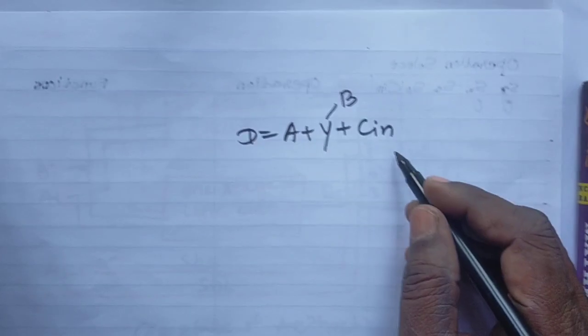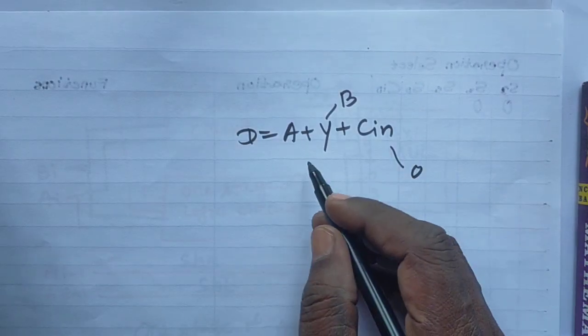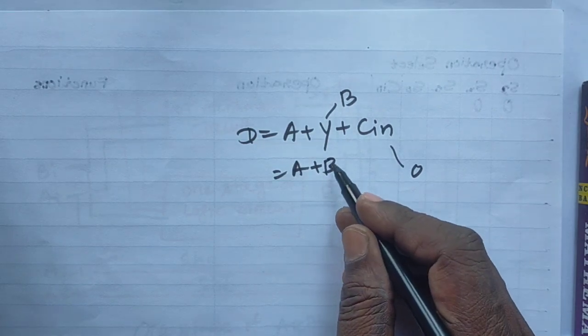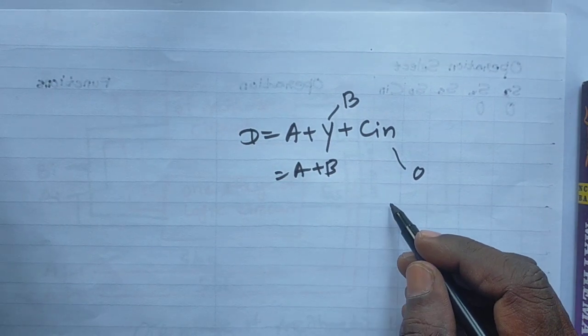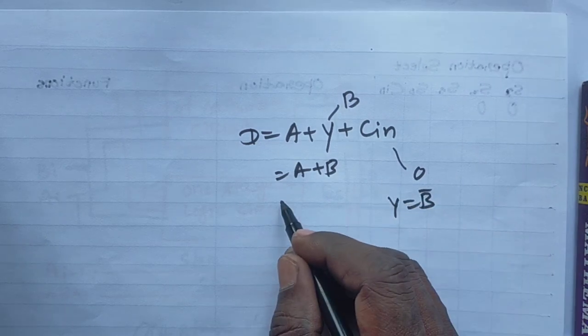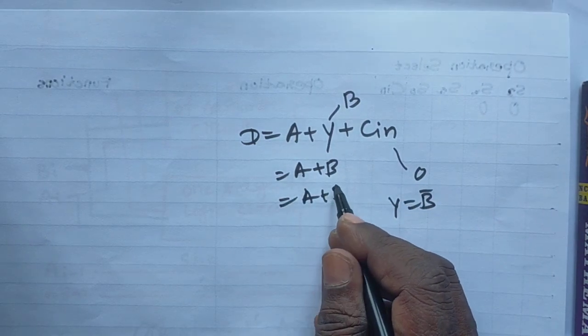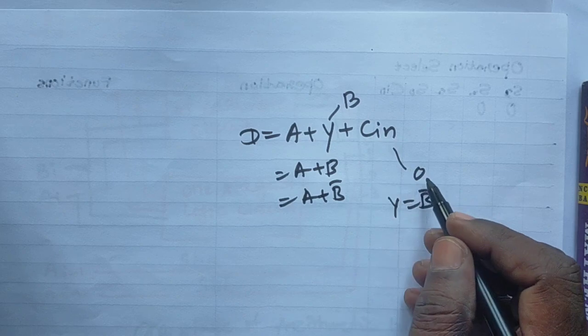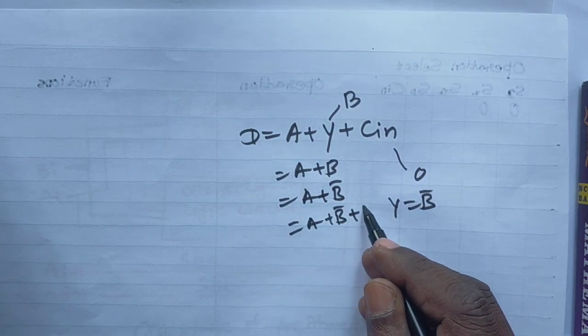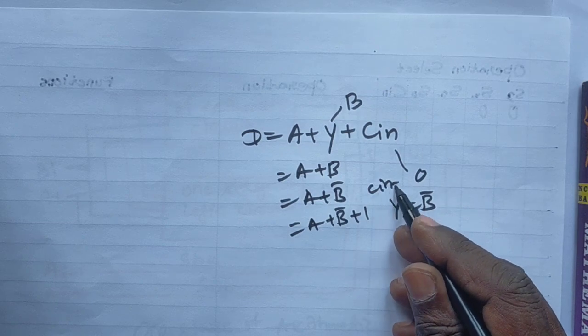Whenever Cn is 0, for example, then what happens? A plus B, and sometimes the Y value is B complement. In that case we can write A plus B complement. And sometimes A plus B complement plus 1 whenever Cn is 1.